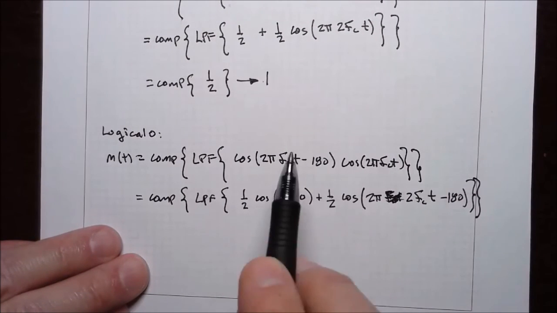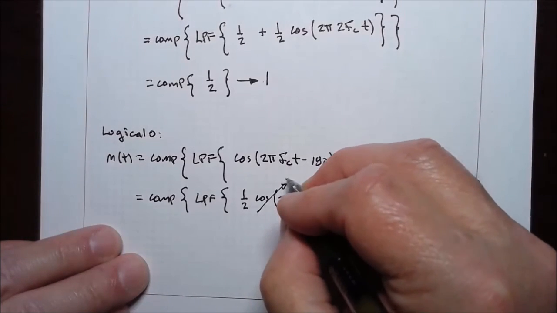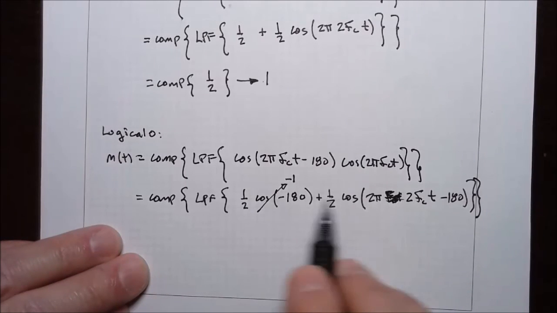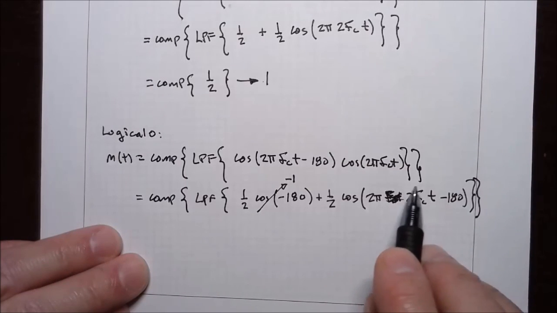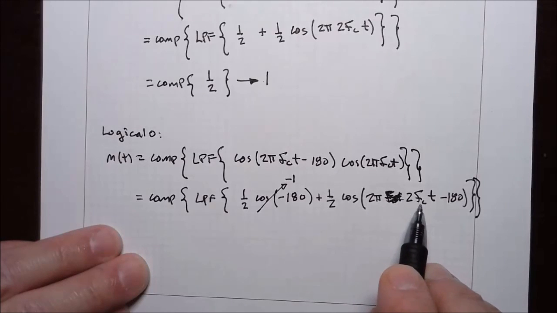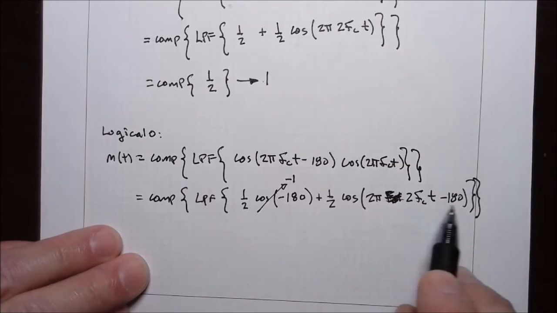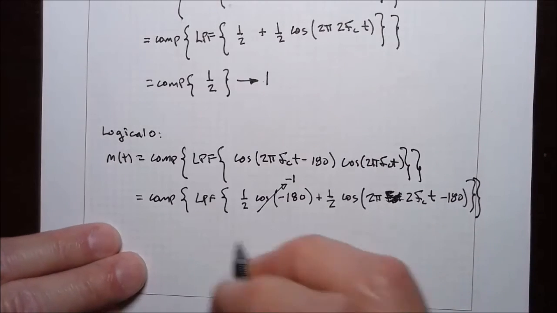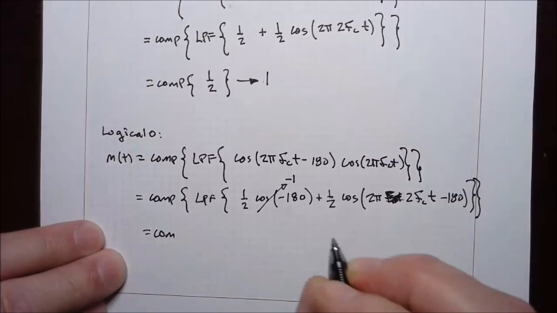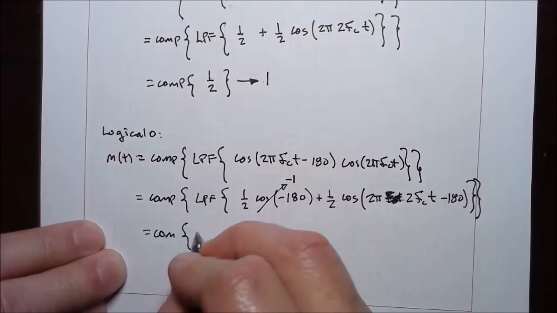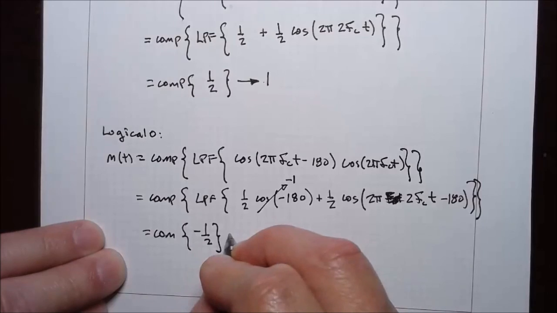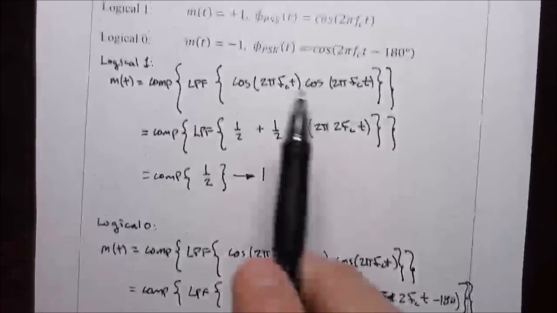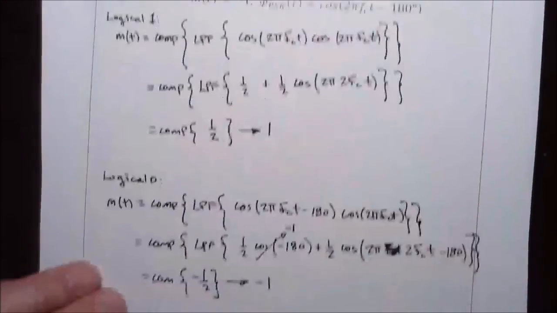Cosine of minus 180 is minus 1, and the low-pass filter eliminates this high-frequency term. It is at twice the carrier frequency, so the phase shift doesn't matter to us here. So this second term is eliminated, and we get the comparator operating upon minus 1 times 1/2, and we can map that to a -1, and we have now recovered the message signal for a logical 0.